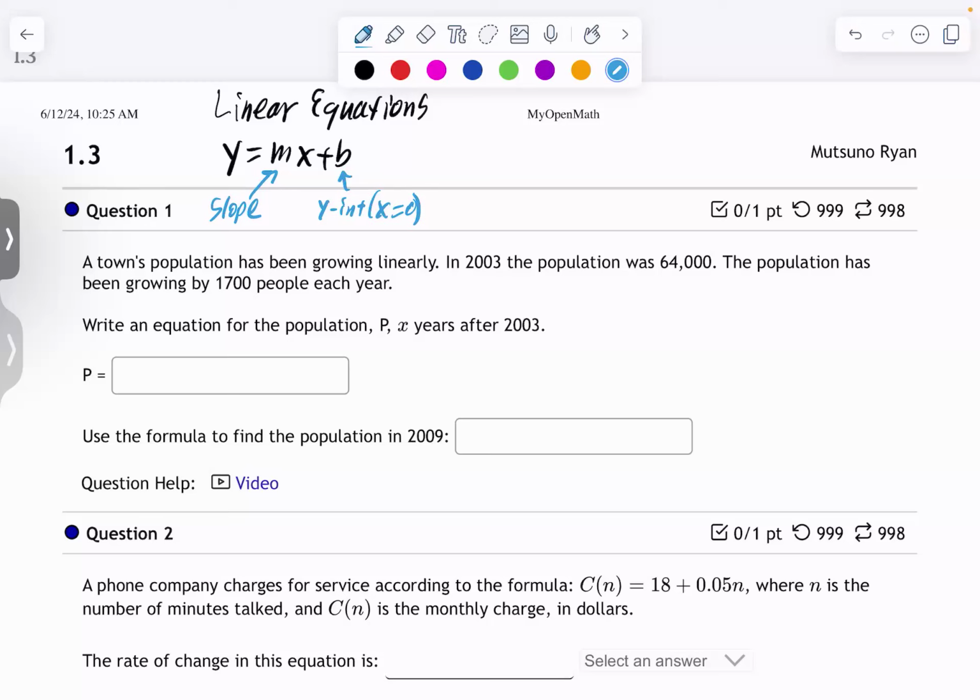And we have a formula for the slope: y sub 2 minus y sub 1 over x sub 2 minus x sub 1. This is also referred to as the rise over the run.